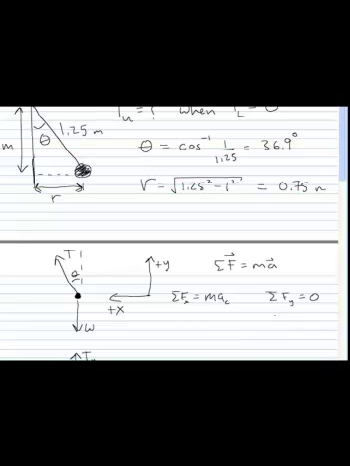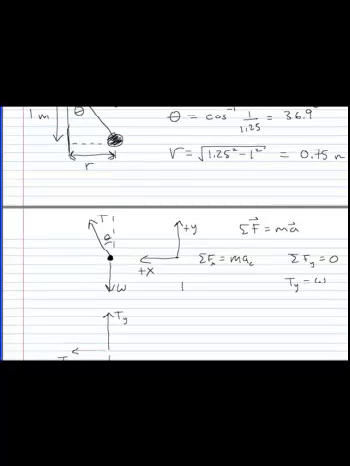And so the y information gives me that the tension in that direction equals the weight. The x information tells me that the tension in that direction is equal to m v squared over r. That's the centripetal acceleration, v squared over r.